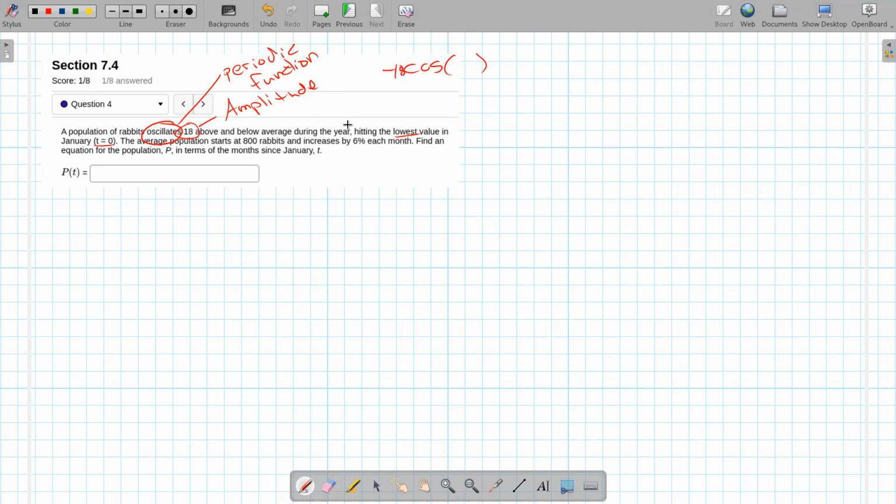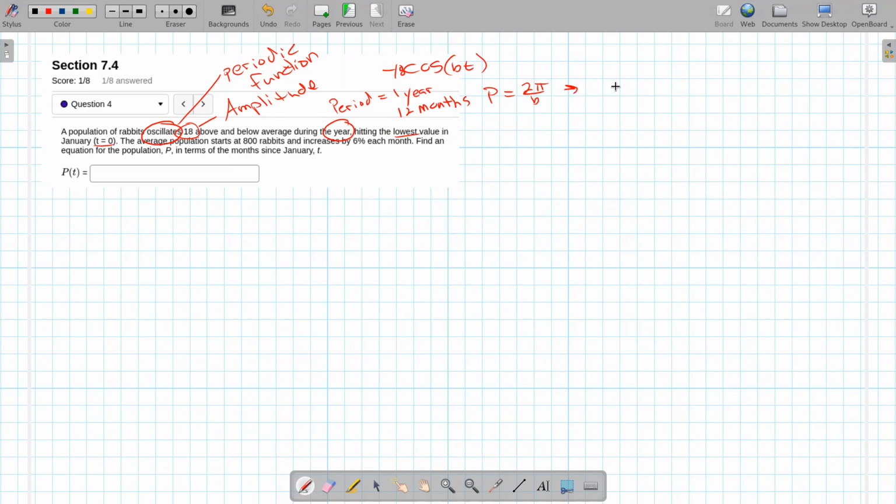Let's see, during a year tells me the period. 1 year. But they want me to measure time in months, so the period is 12 months. And we know that the period is equal to 2 pi over b, where b is the multiple in here.